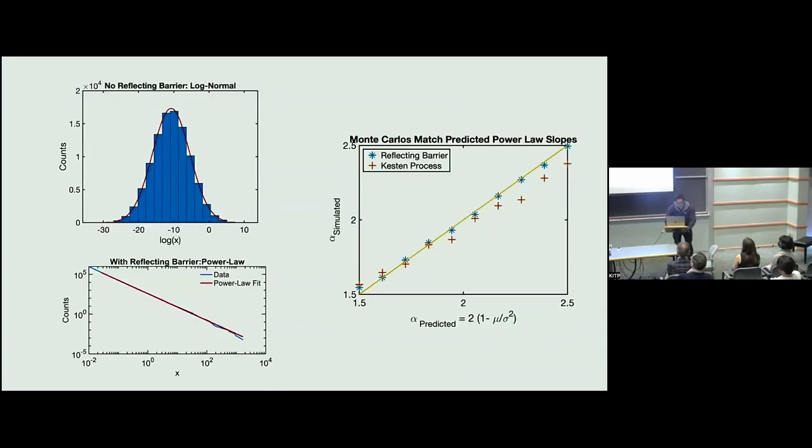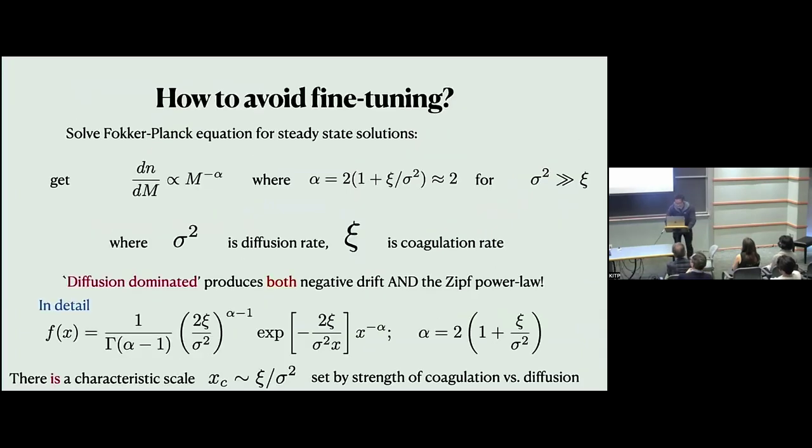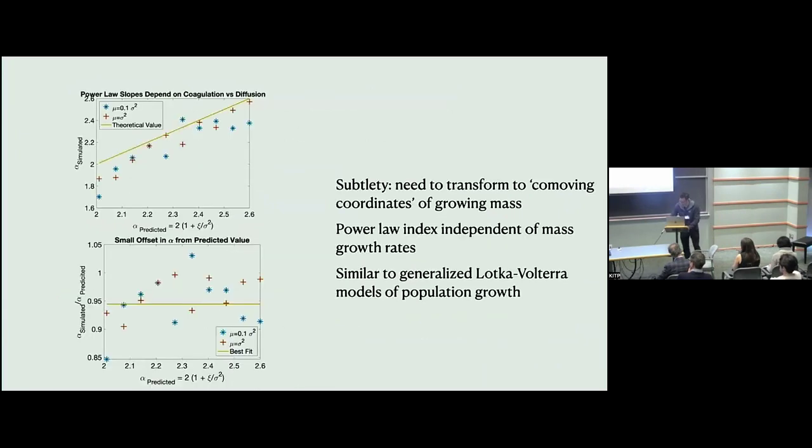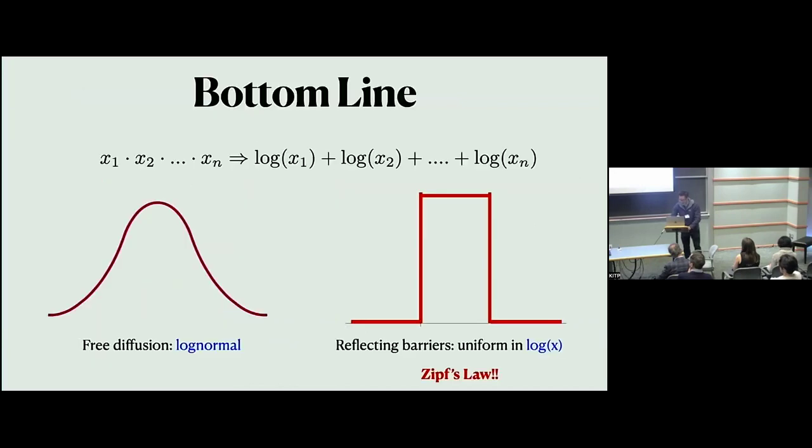These are details you probably don't really care about. But what I will say is that you don't need fine-tuning to get the -2 power law. You basically need something where diffusion is a lot stronger than coagulation, and you'll automatically get the -2, which you can also test in Monte Carlo simulations.